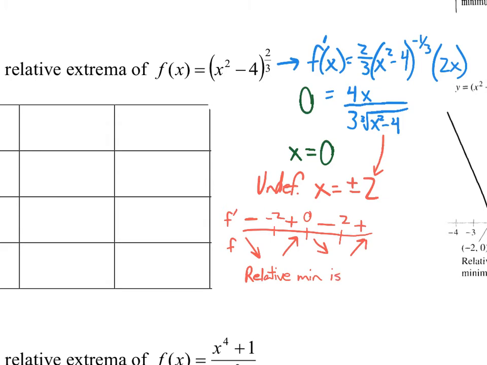Well, if I plug in 2 or -2 into the original function, I'm going to get 0 to the 2/3. So the relative min is 0 at x equals plus or minus 2. So those points are -2, 0 and 2, 0.